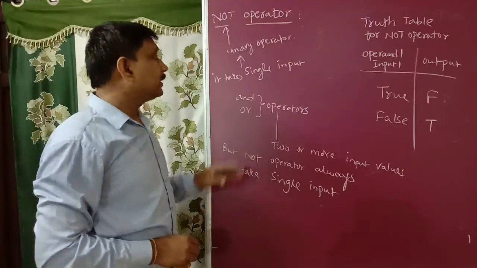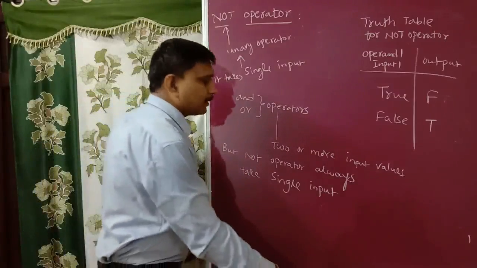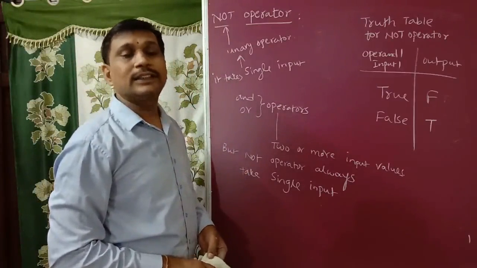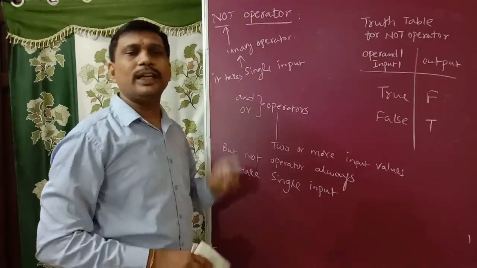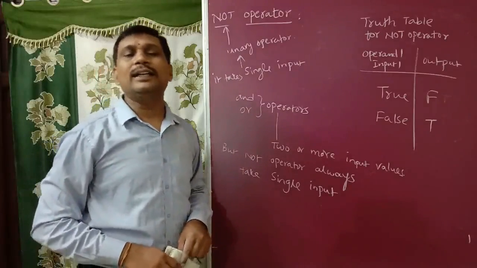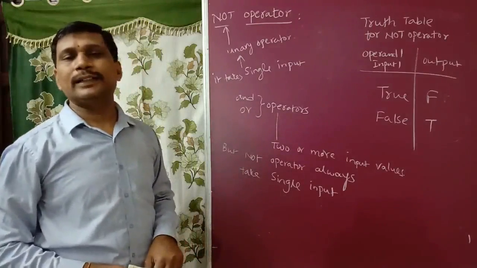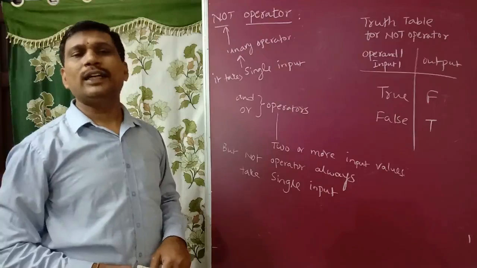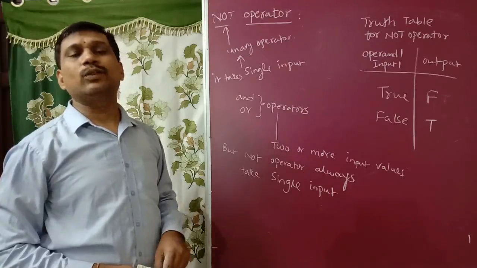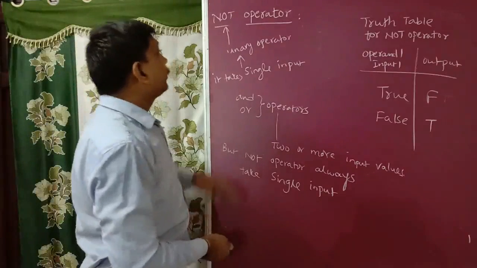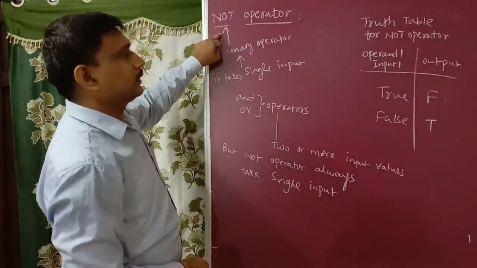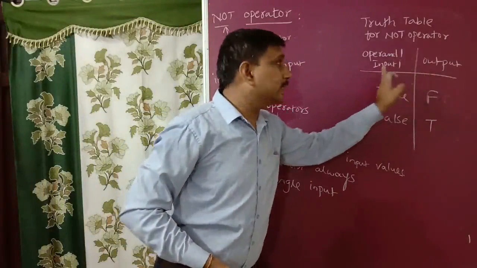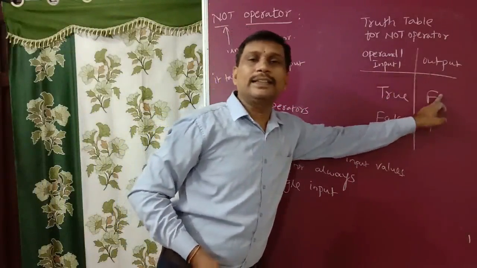So AND, OR and NOT are logical operators. The NOT operator takes only a single input and returns a single output.